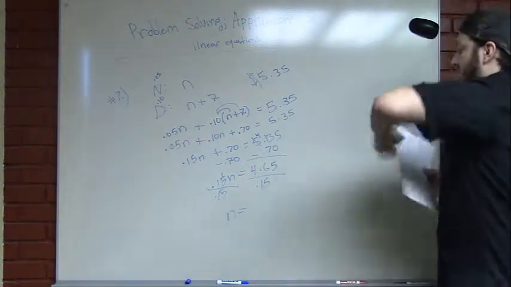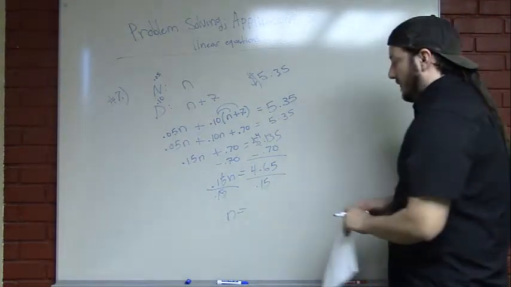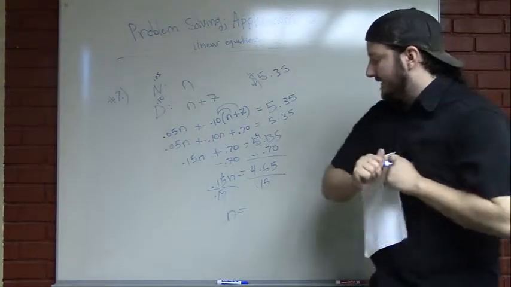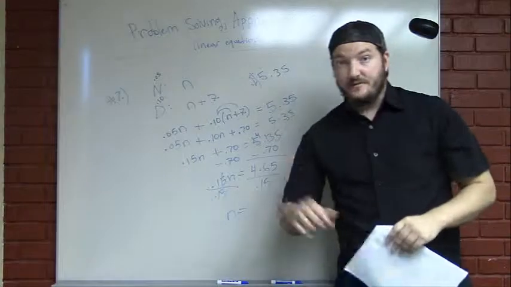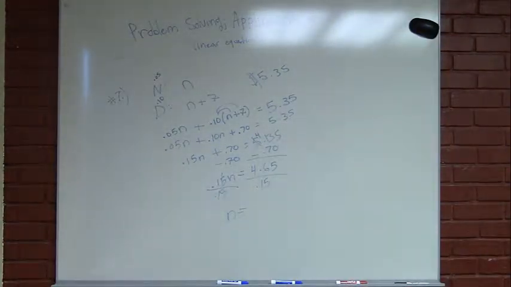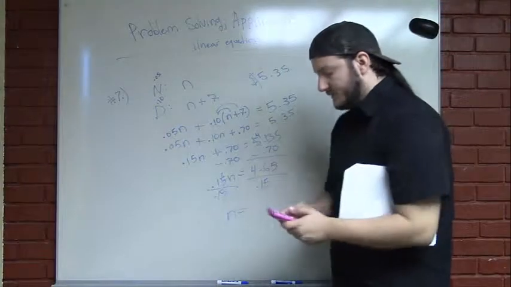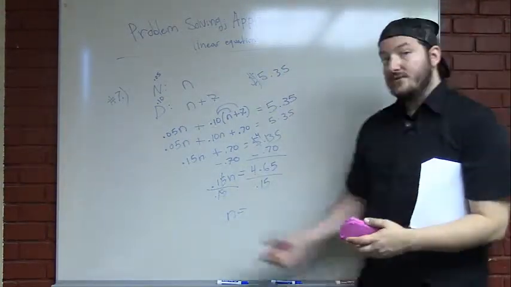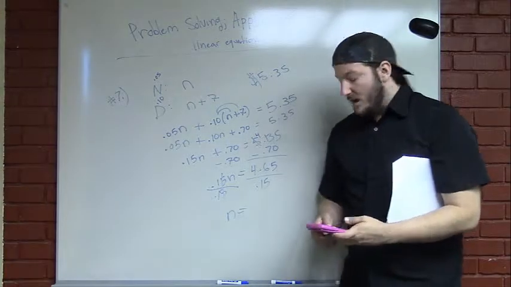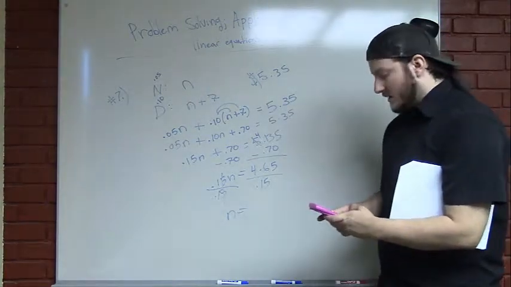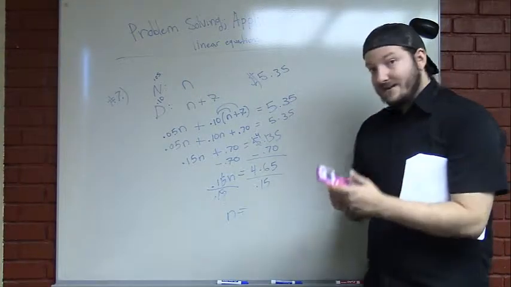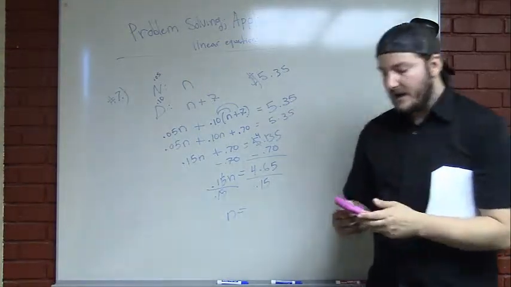Okay, and you're going to have to divide this by hand, but I'm going to cheat. If you don't know how to divide decimals, I have a video on that, so go back and watch that. I think this video is getting pretty long, so I'm just going to do this in my handy dandy pink calculator, okay?